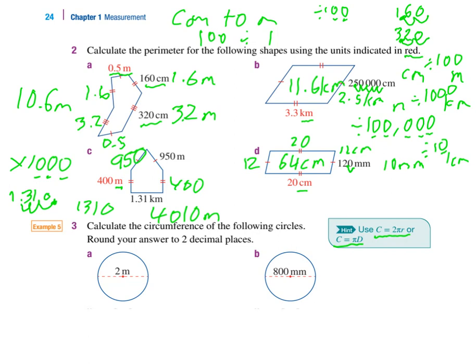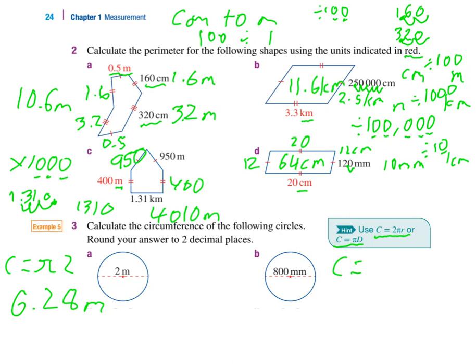So for A, the circumference would equal pi times the diameter, and the diameter is 2. So your answer will be 2 pi, and it says round to 2 decimal places, 6.28 meters would be your circumference for that one. And then for the next one, 800 millimeters, we'll do the same thing again.